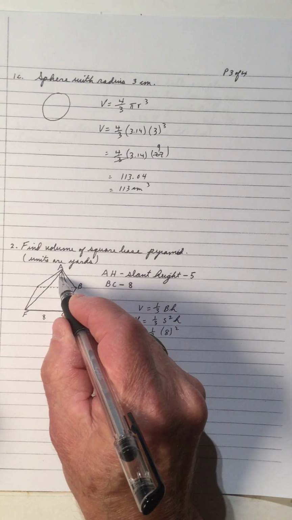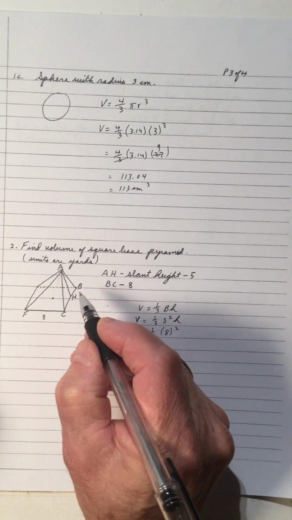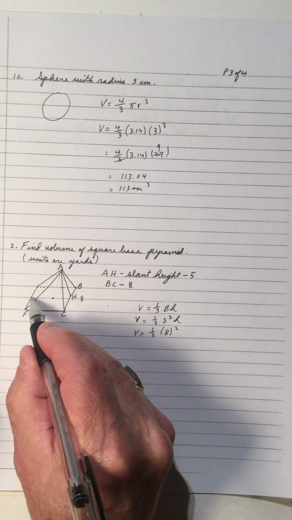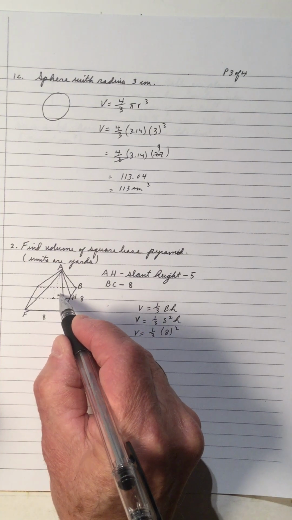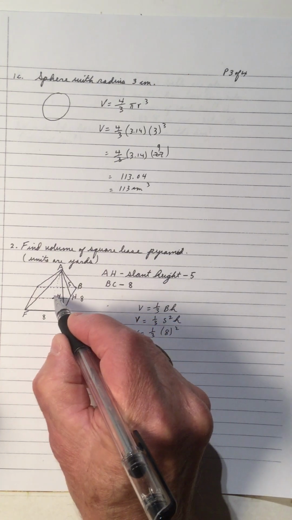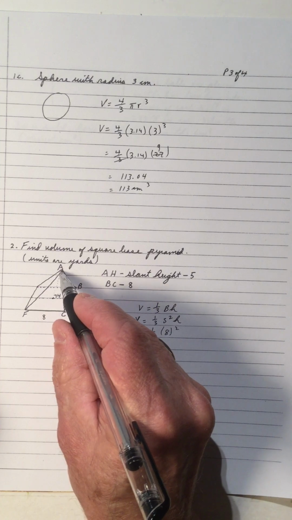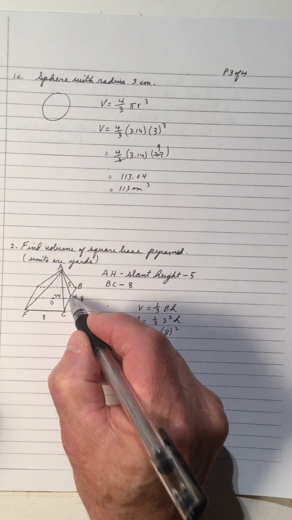So the height comes down perpendicular to the base, right in the middle, right there. So if this is 8 long, this is 8 going through here, so that means that this is 4. The slant height is 5, so that's a 5. So what we have is a perpendicular here, and OH is a right triangle.